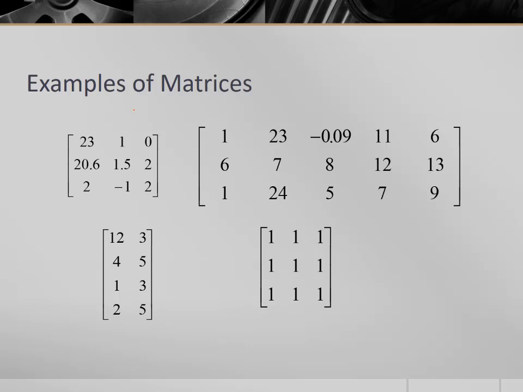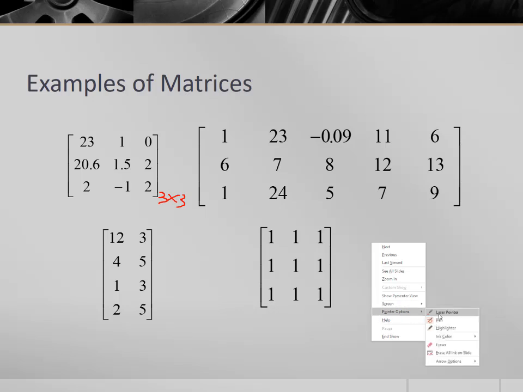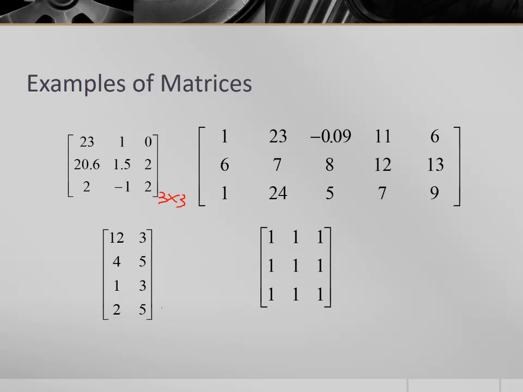So let's see just now. For this matrix we can write 3 by 3 as the subscript. This one is 4 by 2, so you can add something here.